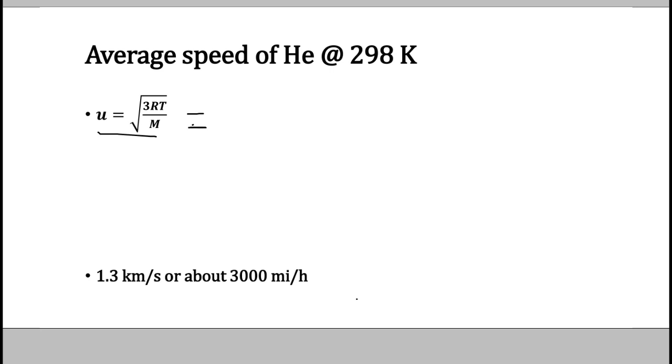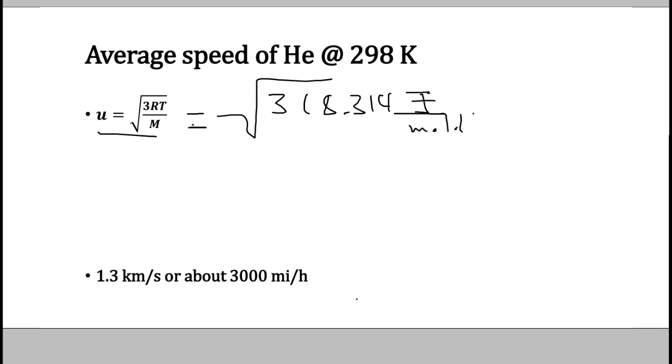Square root of 3 times 8.314 joules per mole Kelvin, then that's times the temperature, which is 298 K, all divided by the molecular weight.